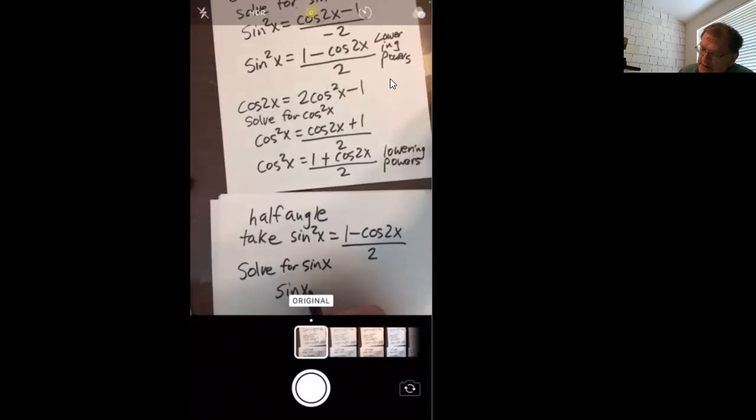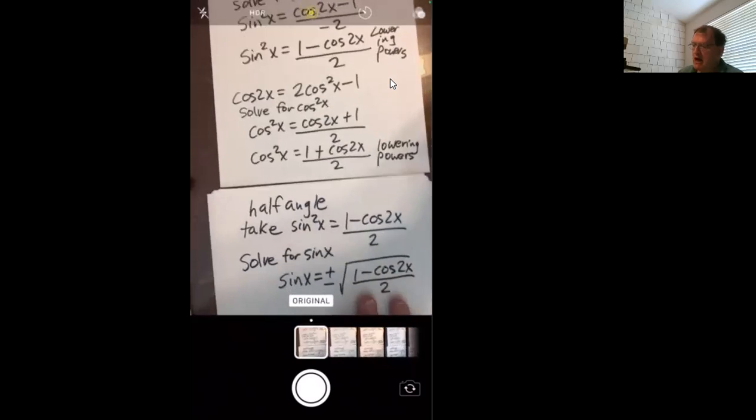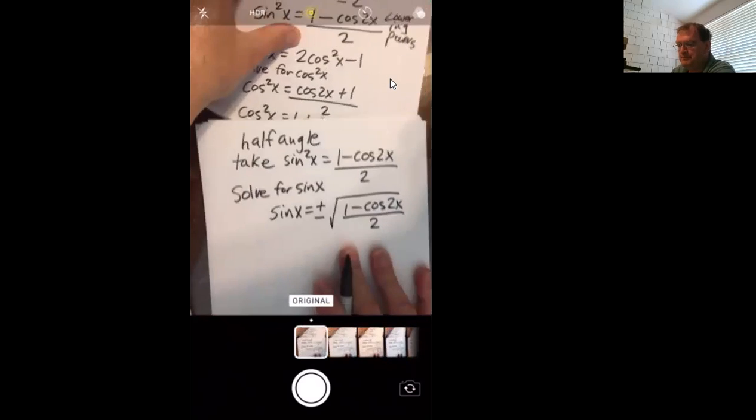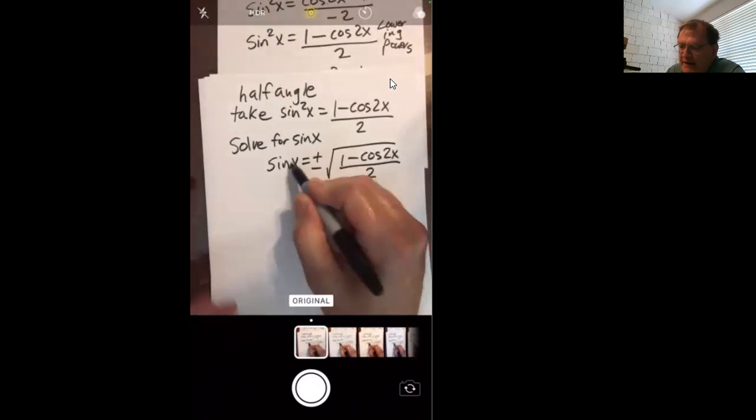Sine of x, and when you take a square root, you need plus or minus the square root of 1 minus cosine of 2x divided by 2. All right. The x is just a placeholder, so I can call it anything.